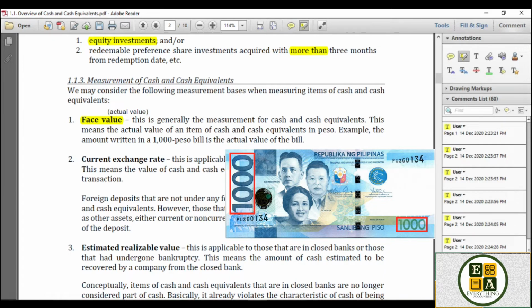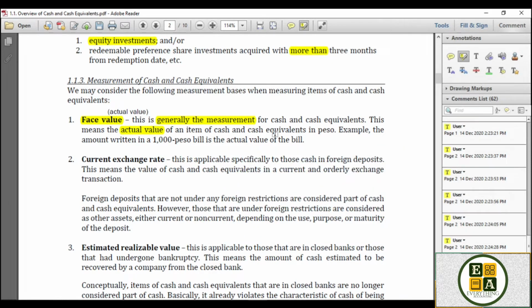Yun yung face value niya, yung actual value. Okay? So, general measurement siya. General measurement for cash and cash equivalents. Again, the actual value. Dapat in peso, kasi Philippine peso tayo. Then, we have also current exchange rate. Yung current exchange rate, pag sinabi natin current exchange rate, applicable yan sa mga cash in foreign deposit.